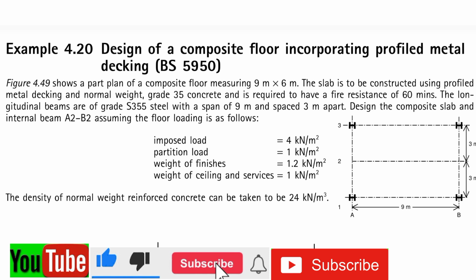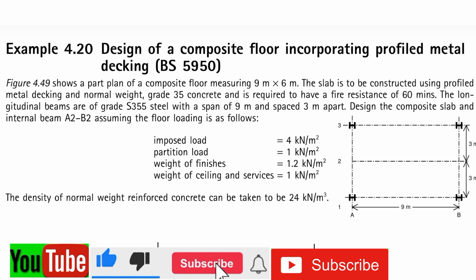The longitudinal beams are of grade S355 steel with a span of 9 meters and spaced 3 meters apart. Design the composite slab and internal beam assuming the floor loading is as follows.